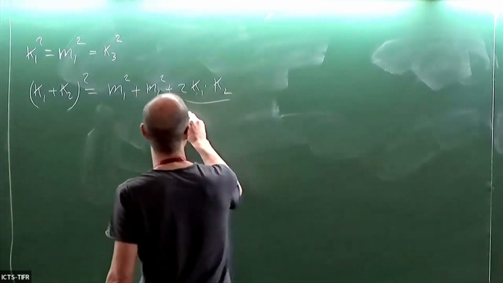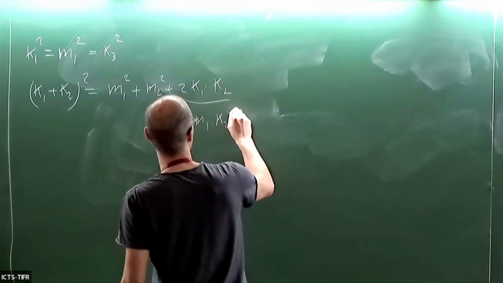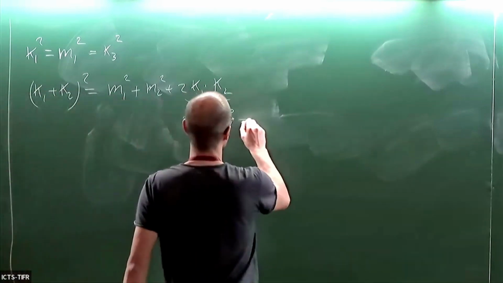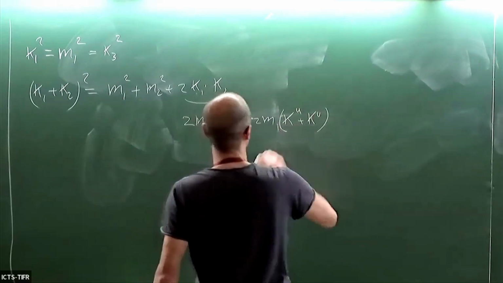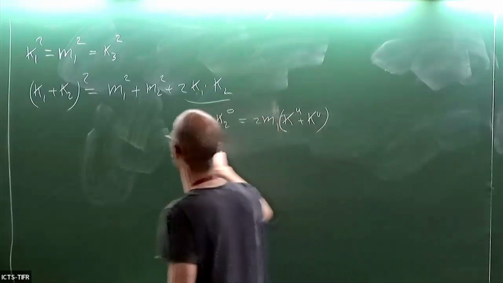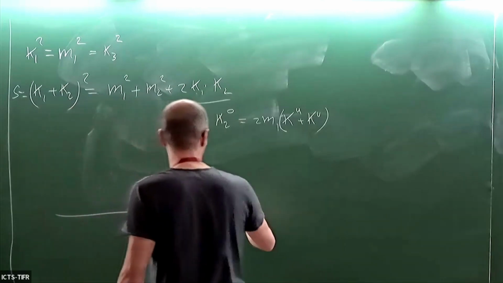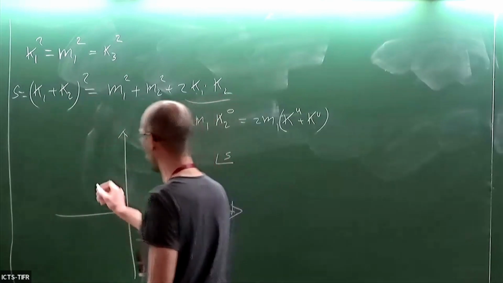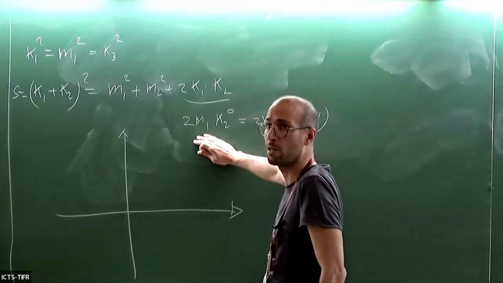This gives me 2 M1 K2^0. If I look back, my variable here is nothing but Kv plus Ku. So there's a linear relation between Ku, Kv, and s. The bottom line of the story is that in the complex s plane, we just showed that you're analytic here, in the upper s plane, thanks to microcausality.